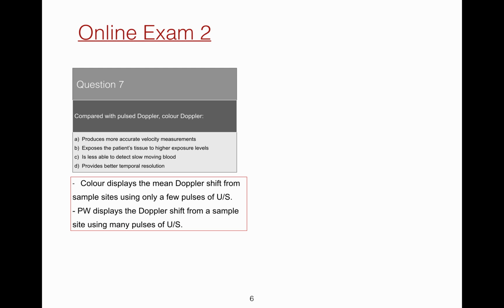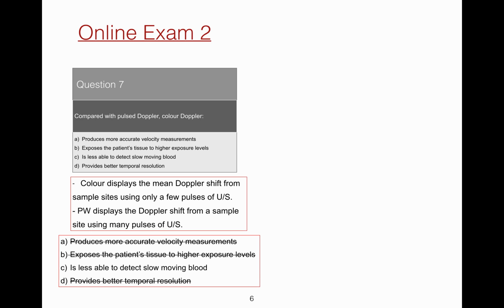Colour Doppler displays the mean Doppler shift from sample sites using only a few pulses of ultrasound per site. In contrast, pulse wave Doppler displays the Doppler shift from a single sample site using many pulses of ultrasound. So colour Doppler is less able to detect slow-moving blood.